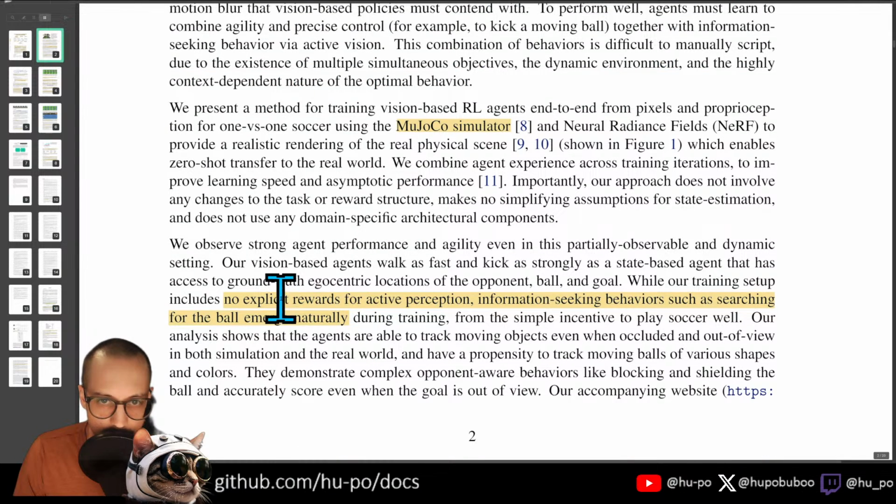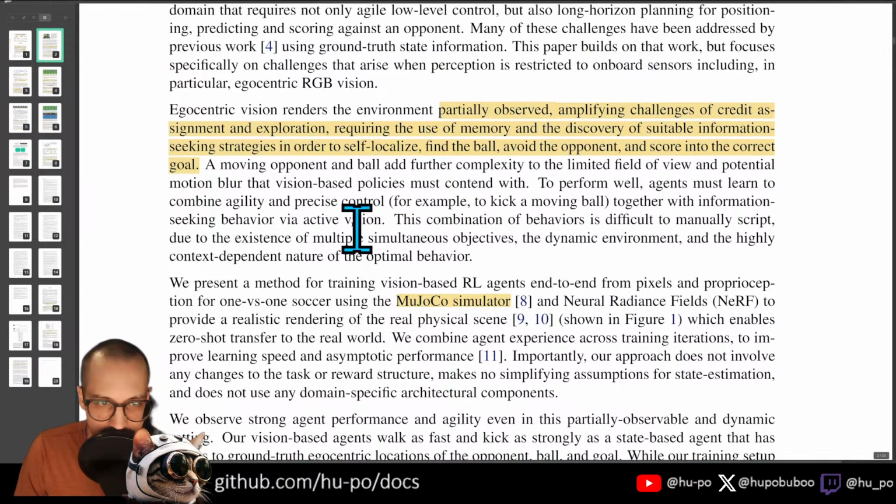Okay, no explicit rewards for active perception. Information-seeking behaviors such as searching for the ball emerge naturally. Okay, so what they're talking about here is that a lot of times when you're training these reinforcement learning systems, right, you have this difficulty of credit assignment and exploration.